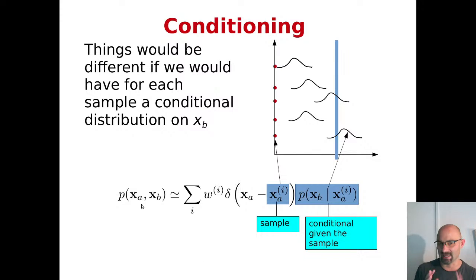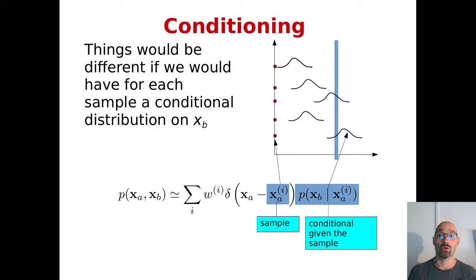So I do not really have a joint distribution represented by a set of samples. I have a joint distribution represented as a mixture between a sample to which I attach a conditional distribution over the conditioned variable.